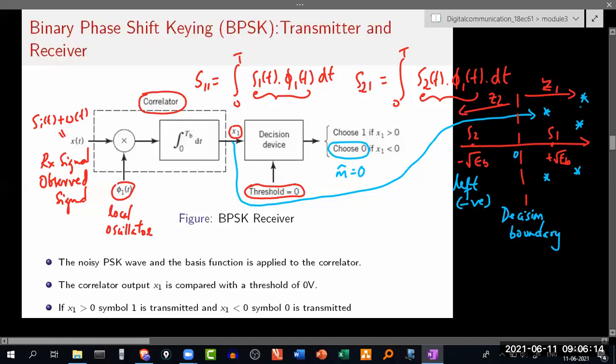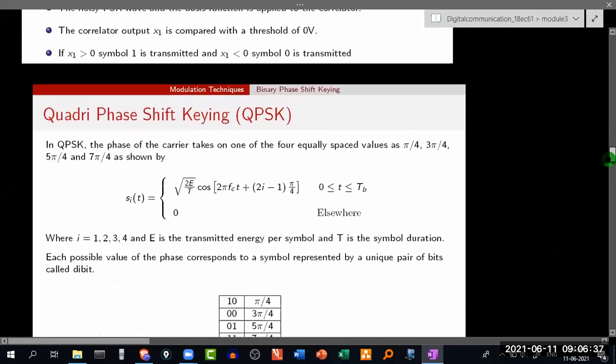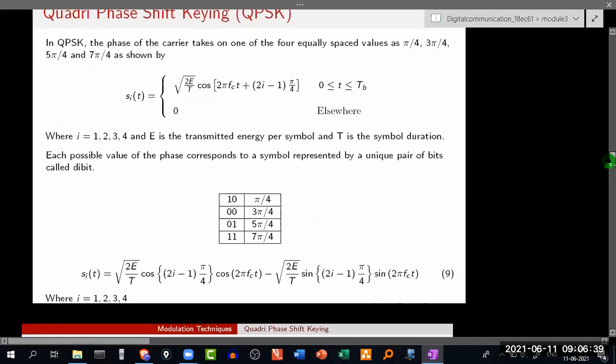If it is greater than 0, it is estimated to be symbol 1. So you can see that if x1 is greater than 0, we'll choose symbol 1, and if it is lesser than 0, we'll choose symbol 0. So that's how the receiver works. So this is about BPSK.